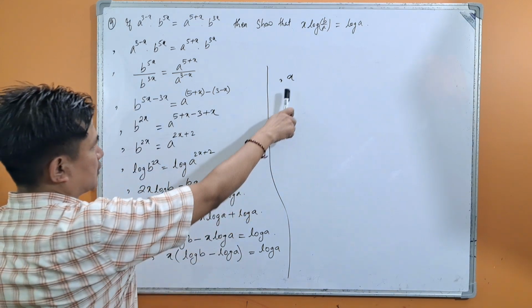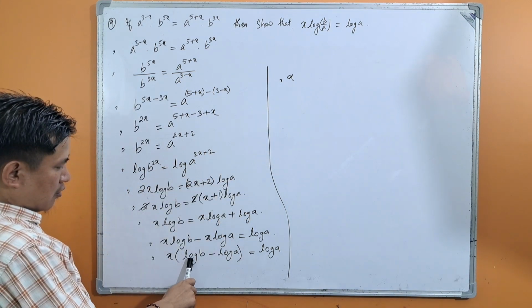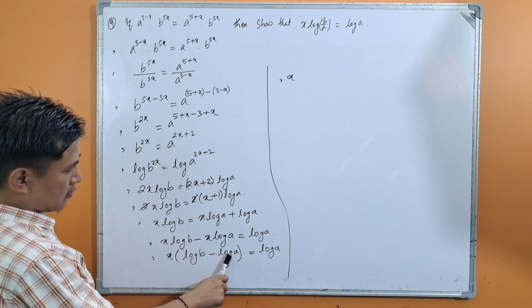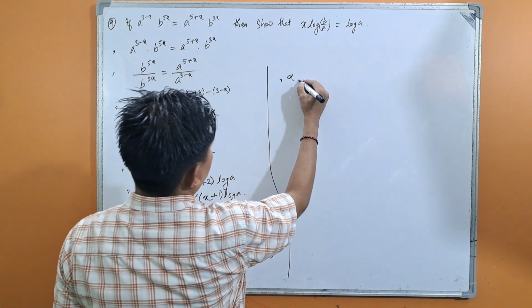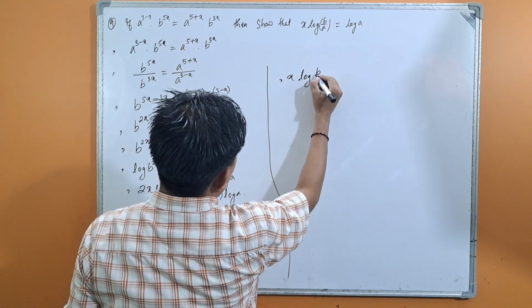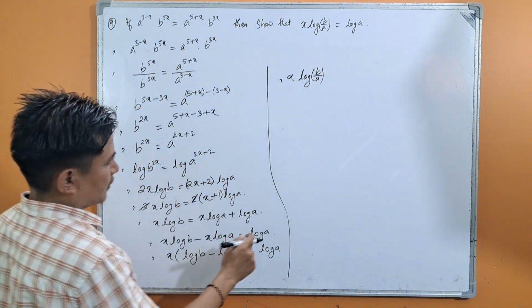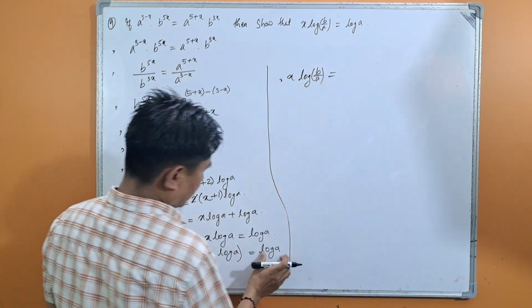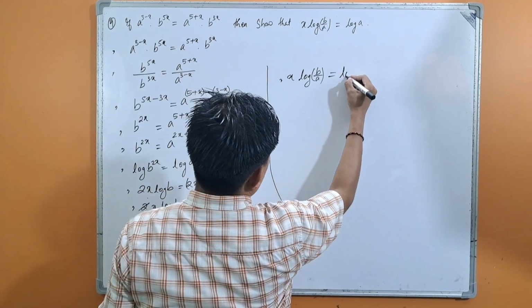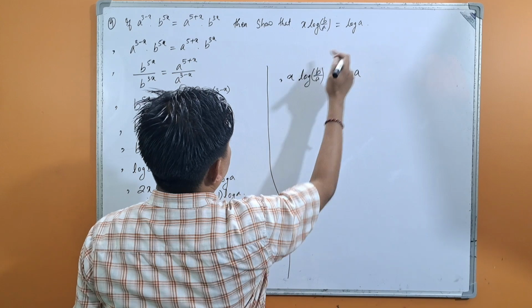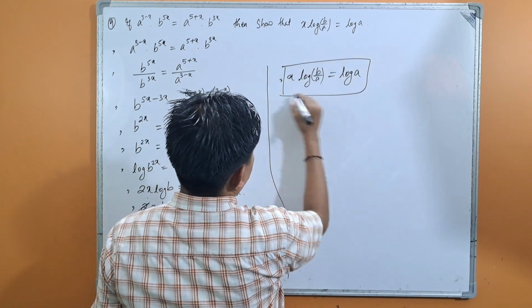This x is outside the bracket, we write as it is, log m minus log n, log b is m, minus log n. So this becomes log b upon a, equal to, in the right hand side we have log a. So this is what we were asked to prove, isn't it? So this is proved.